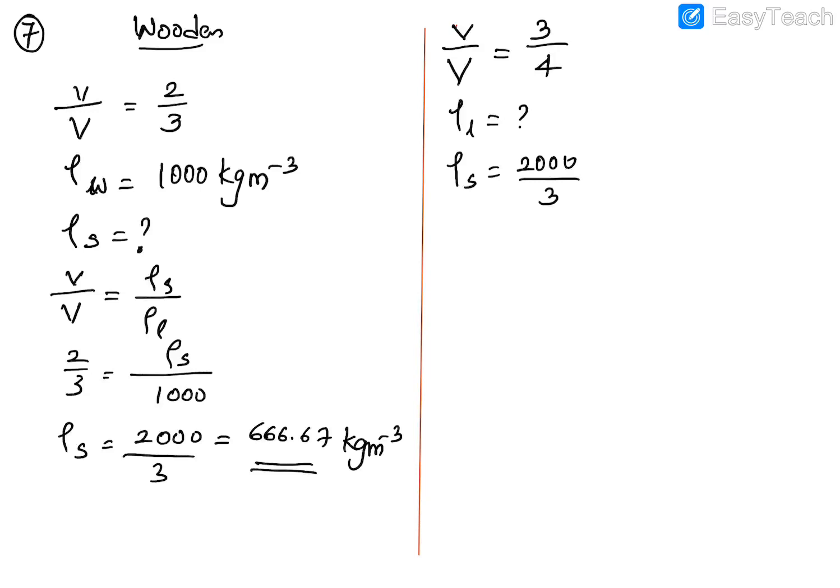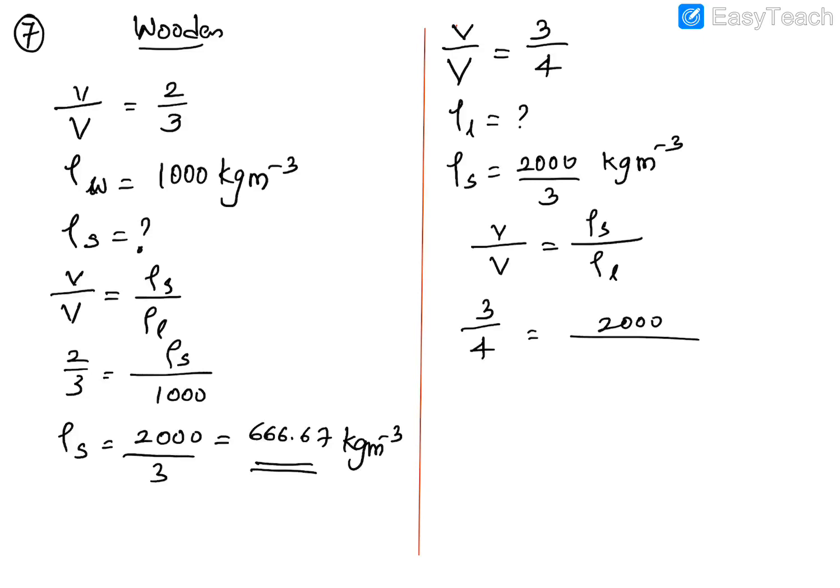Density of solid is given as 2000 upon 3. Do not use the decimal value. Remember, use this fraction value. It will be easy for you to solve further. Small v upon capital V is equal to rho s upon rho L. So 3 upon 4 is equal to rho s, 2000 upon 3, upon rho L, which we do not know.